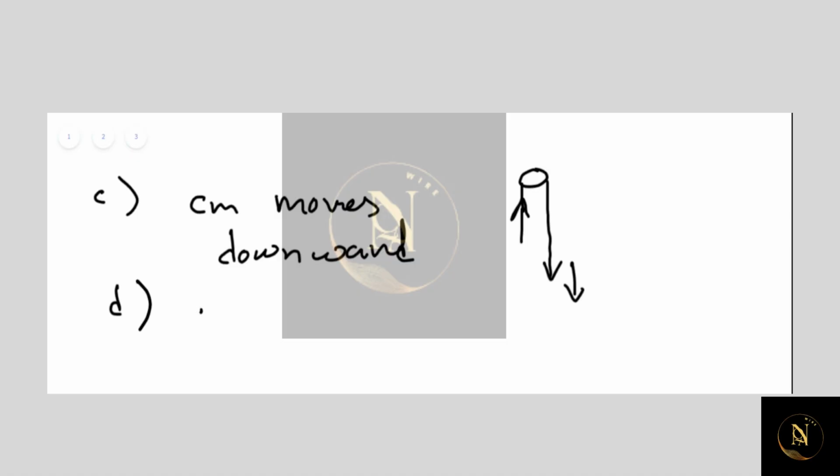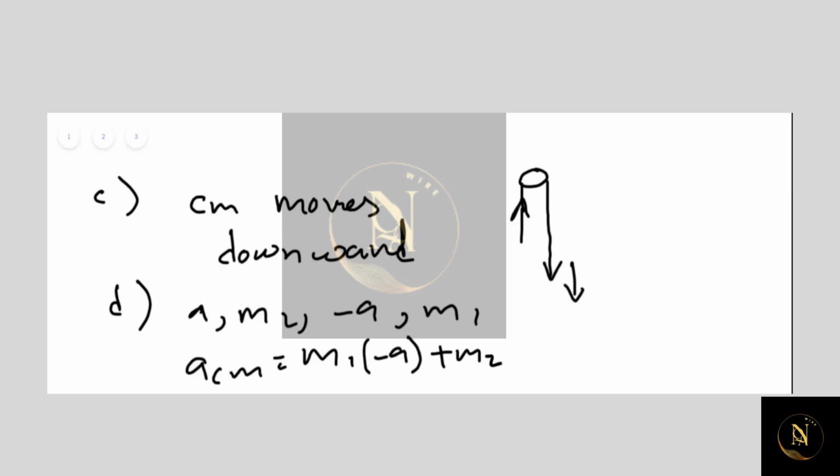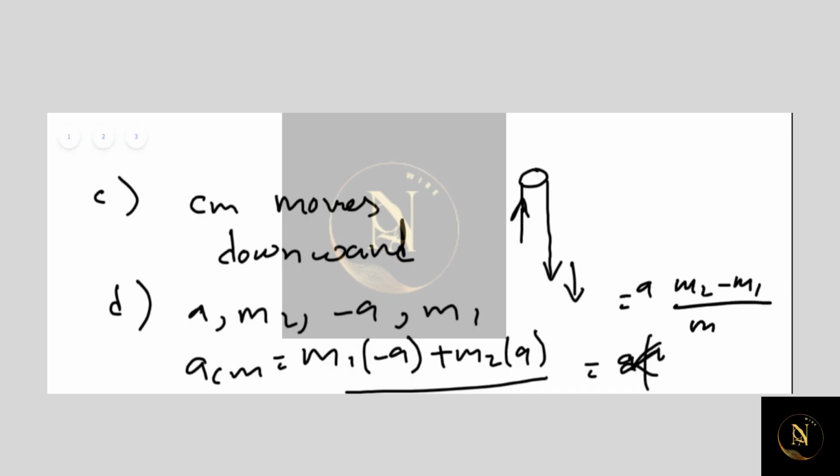If a is the acceleration of mass 2 and minus a is the acceleration of mass 1, then the acceleration of the center of mass will be m1 times minus a plus m2 times a divided by m1 plus m2, which is a times m2 minus m1 divided by m1 plus m2.